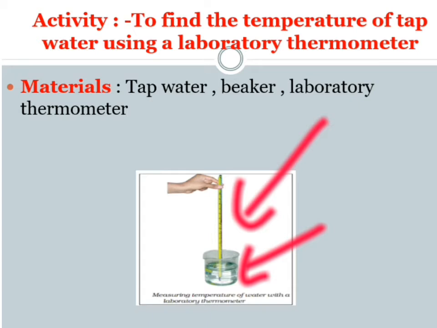There is a slight variation in the temperature of water recorded by each student. And conclusion: variation in the temperature of water may be due to the precautions which may or may not be followed by students while performing the experiment. Okay.